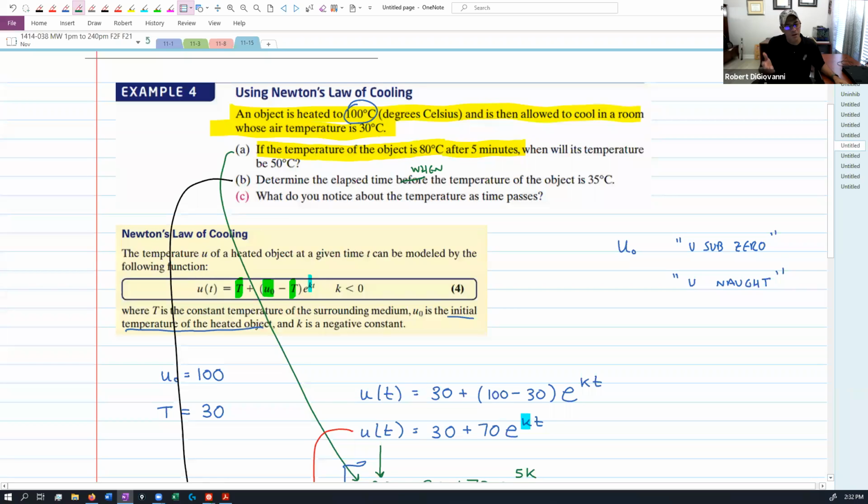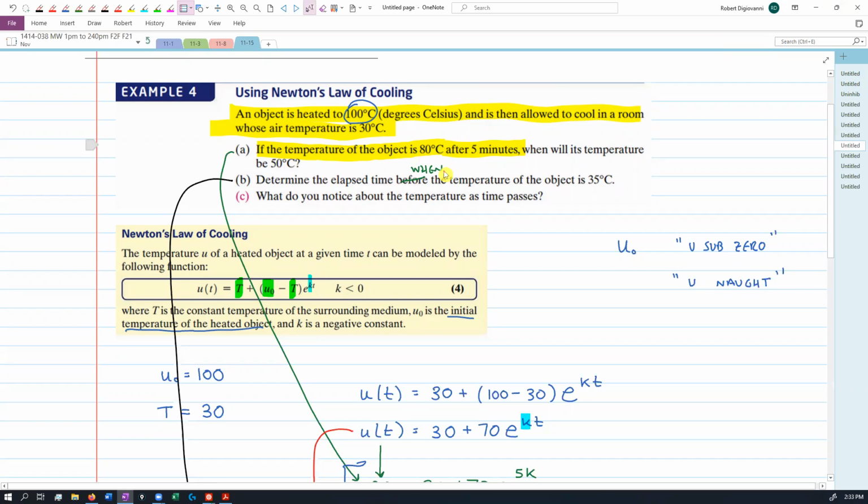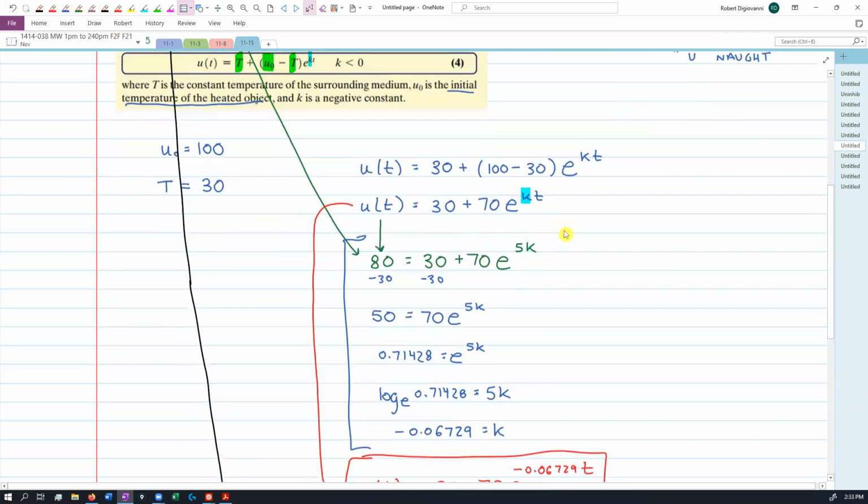Are you talking about 34? Do you mean 34.9? I think what they really mean is determine the elapsed time it takes before it reaches 35 degrees Celsius. So they want to know how much time goes by for it to hit 35 degrees Celsius. Okay, thank you. Any other questions?